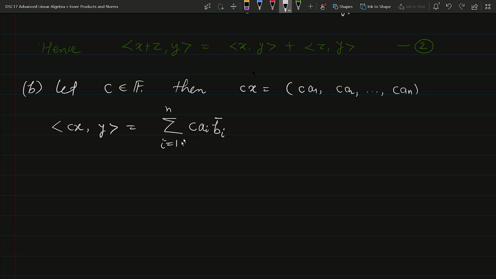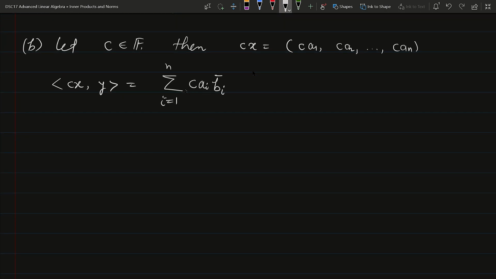Okay, now you can see this c is free from this index i. So we can say that in every addition, in every summand of this sum, this c will be a common factor, so I can take out this c from this summation. So we can write this as c summation i equal to 1 to n of ai bi bar, and by definition this summation is nothing but c times x comma y, right?